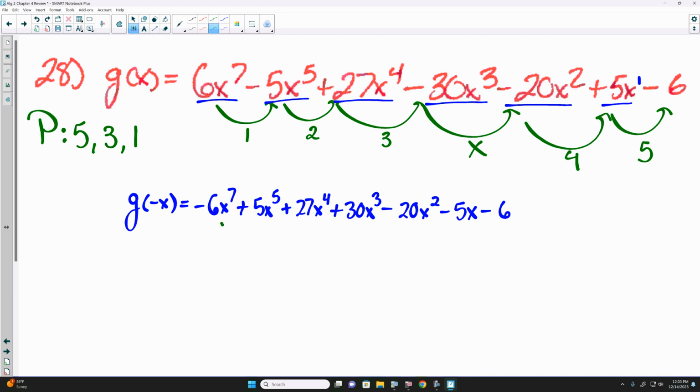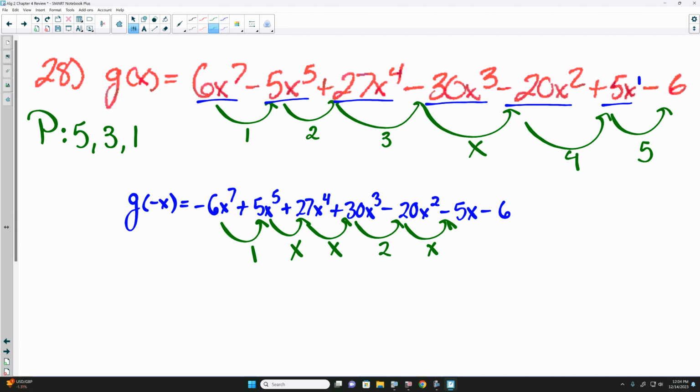And again, at this point, we're going to count the number of sign changes. So our first one's negative to positive, which would be 1. Next one's positive to positive, so no. Next one's positive to positive, so that's not a sign change. Our next one's positive to negative, so that will be our second.